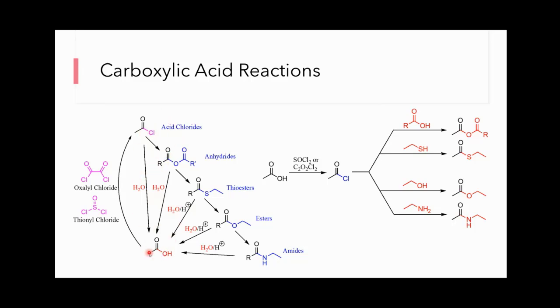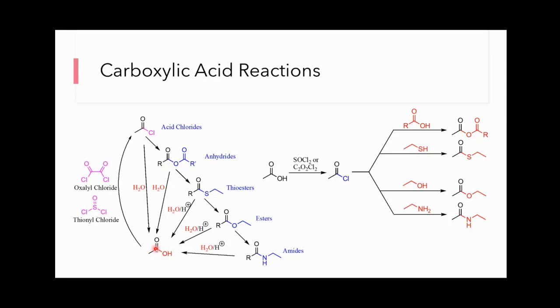If you want to go back up to acid chloride, you would have to use SOCl2 or (COCl)2. People commonly use SOCl2, or what I like to call SOCl2, it's easier to remember.